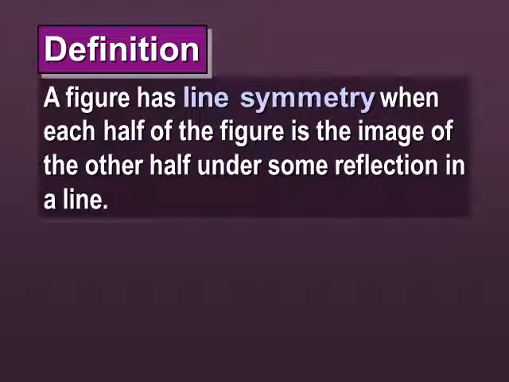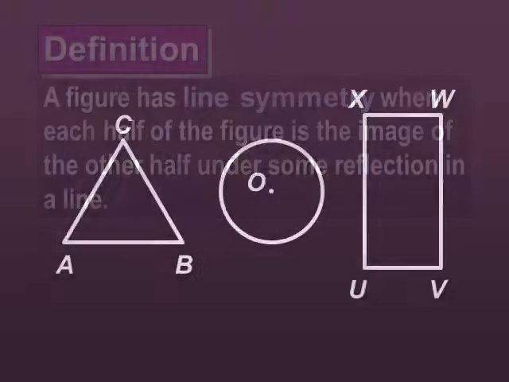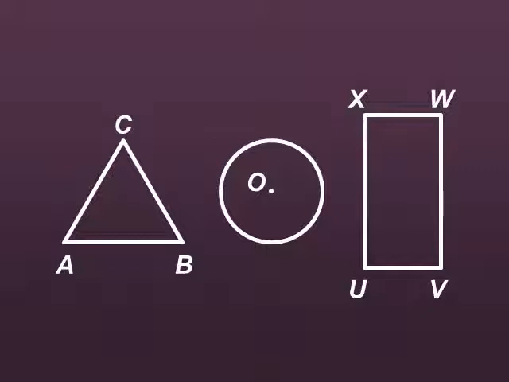Okay, so here's the official definition of line symmetry. It's when a figure, each half of a figure is the image of the other half under some reflection in a line. So let's talk about these figures specifically. Now, the triangle is an equilateral triangle, and it has a line of symmetry.